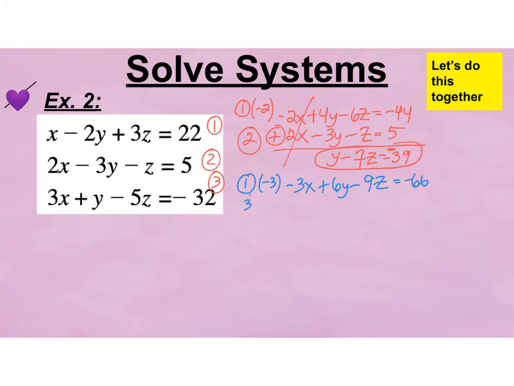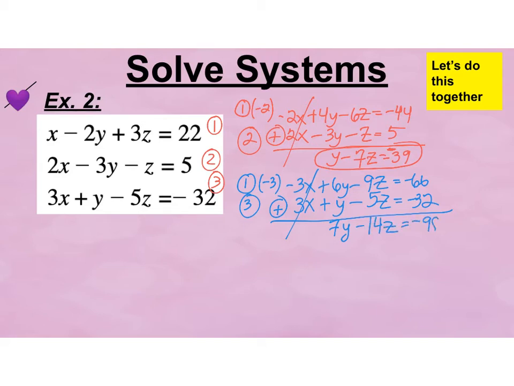And I'm going to rewrite equation 3, just keep it the same. And draw my line and add down. I've eliminated my x's. Now I have 7y minus 14z equals -98. So I have 2 new equations. If you notice, they both have a y and a z.